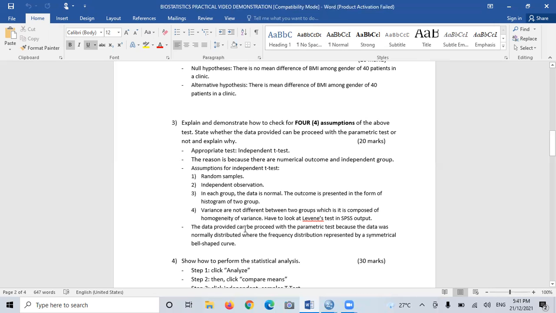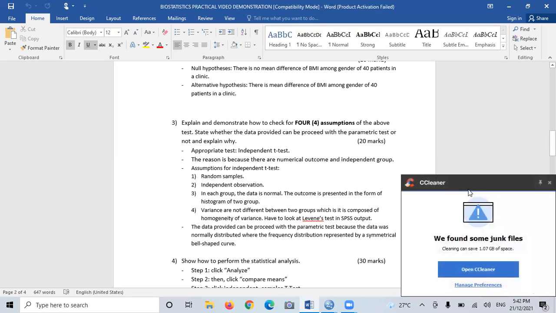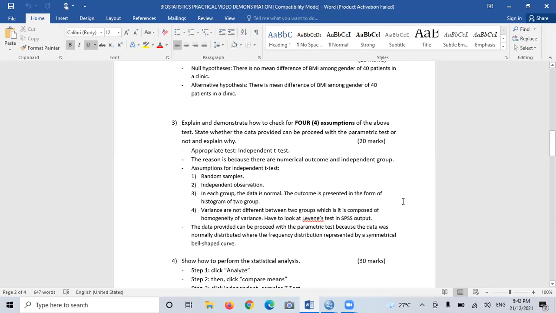The data provided can proceed with the parametric test, which is the independent t-test, because the data was normally distributed, where the frequency distribution is represented by a symmetrical bell-shaped curve.